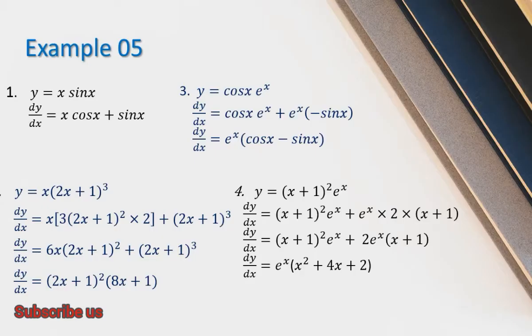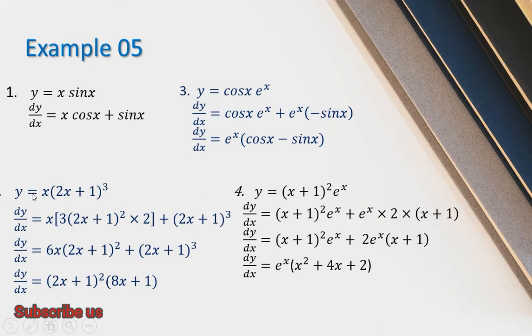Next, example number 5. First question, y equal x sin x. Then dy by dx equal x times the differentiated function of sin x plus sin x times the differentiated function of x. Then as the final answer we can get dy by dx equal x cos x plus sin x.